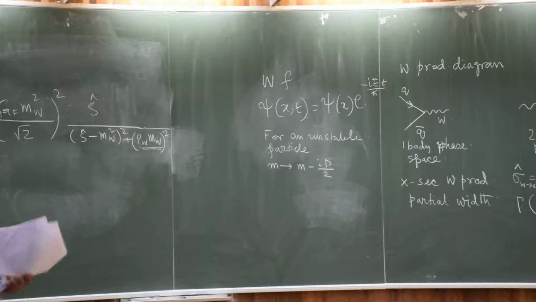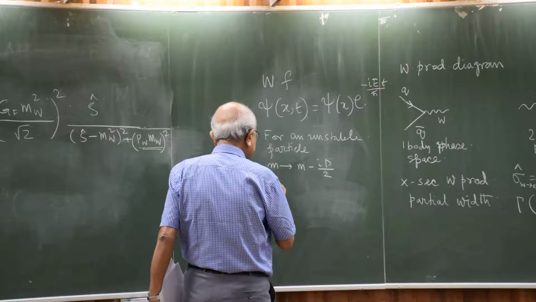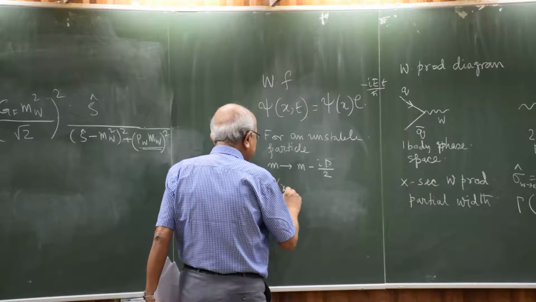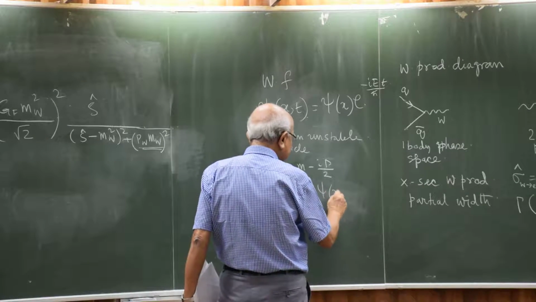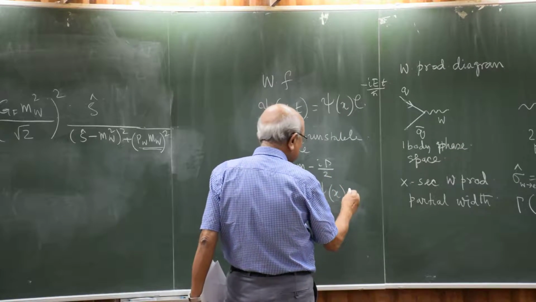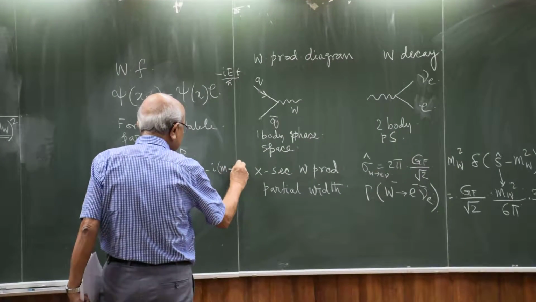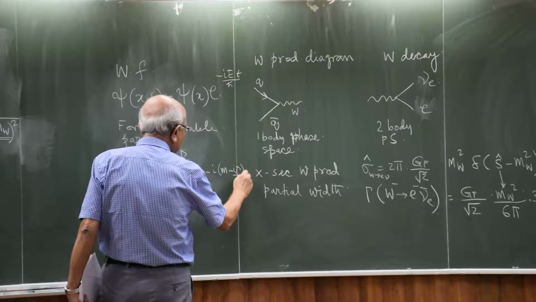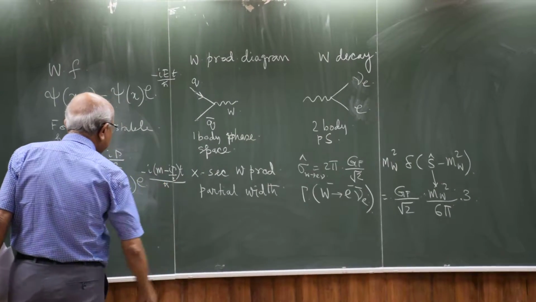Now what happens? Suppose we go to the rest frame, then psi of x,t will be again psi of x, and the energy is the rest mass energy. So it will be e to the power minus i times m minus i gamma over 2 times t over h cross.